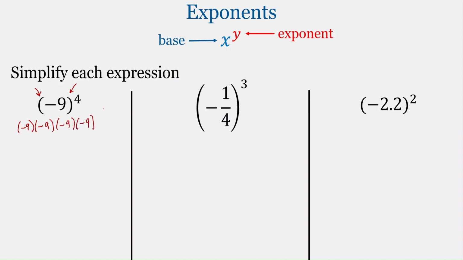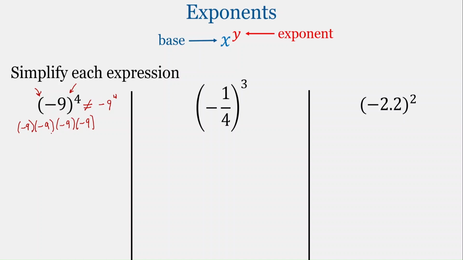This is different from negative 9 to the fourth power, written without the parentheses. These are not equivalent expressions, but we'll talk more about this later when we discuss PEMDAS and order of operations.